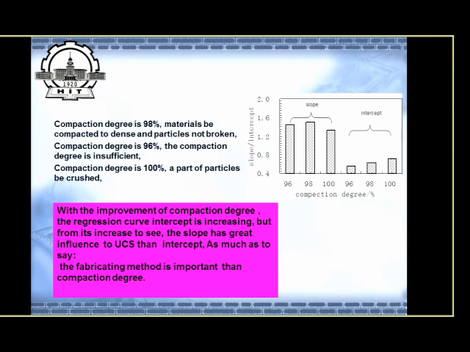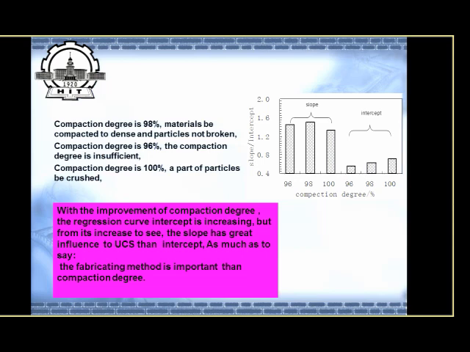98%, it is big. I think that when the compaction degree is 98, the material can be compacted to the dense state and the particles do not break. And when the compaction degree is 96, the compaction is insufficient.